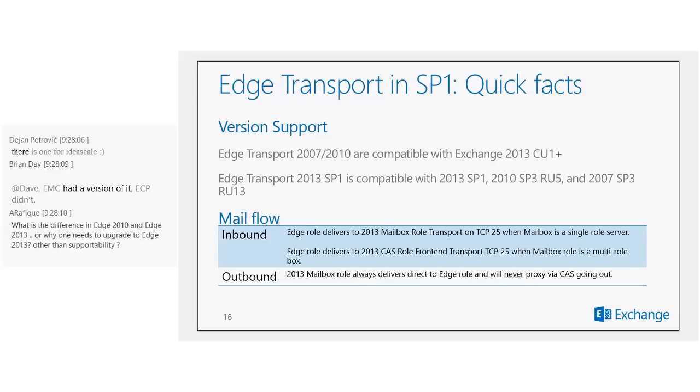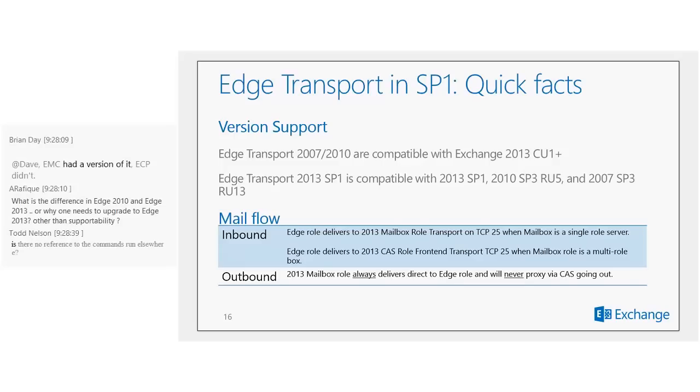So quick facts about it. Edge Transport 2007, 2010 are compatible with 2013. Well, to be clear, if you've already implemented 2010, we're not saying go rip that out. If you're a new implementing customer, hey, then 2013 Edge is the way you ought to probably go.